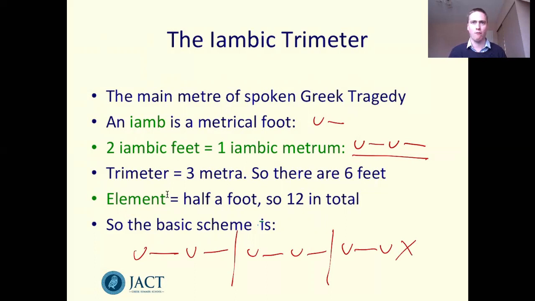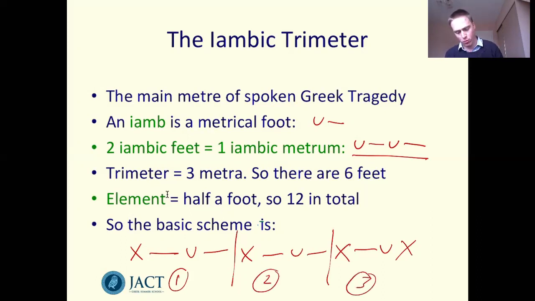The poet has a bit more flexibility because the first syllable of each metrum is anceps. So I'm going to take out now the shorts at the beginning of each and replace them with an anceps. So you can see here we've got 3 iambic metra.